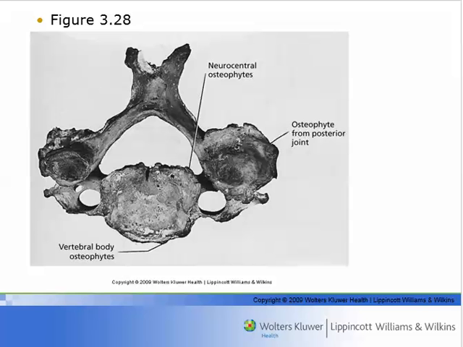It's also making the intervertebral foramen, which is this area right here, a little bit narrow and can affect nerves there. Now you also see that the facet joints, the posterior joints, are getting osteophytic growth. The one on the right hand side of the picture is way worse than the one on the left.